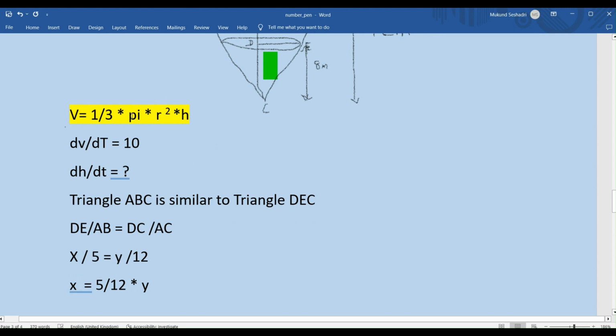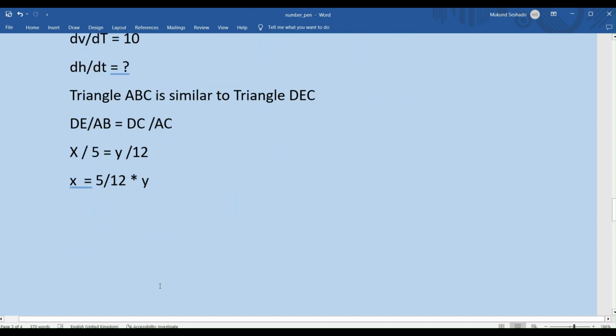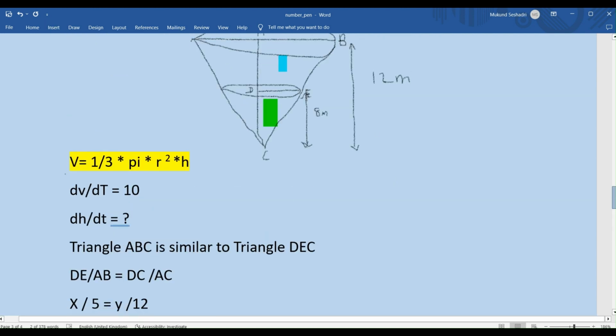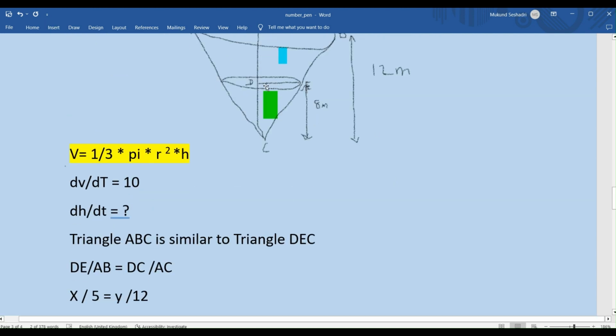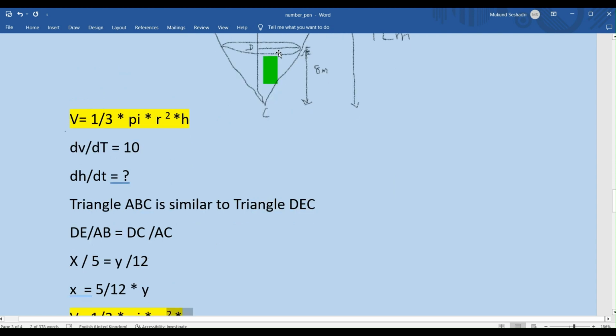Let's go back to this equation. So we have the volume of the tank is 1 by 3 pi r square h. So what is the volume of the water inside the tank? Volume of the water inside the tank is x square into y into 1 by 3 into pi, right? Now what is x and y? This is x, DE is x, and DC, which is the depth of the water inside the tank, is y, right?